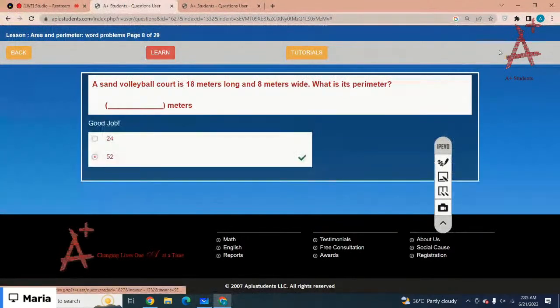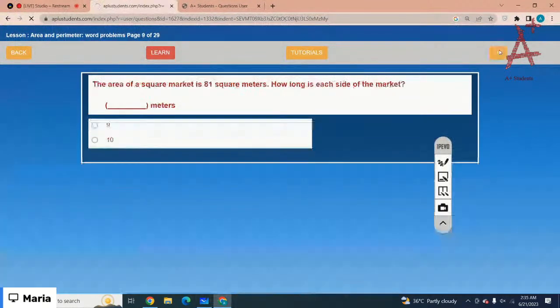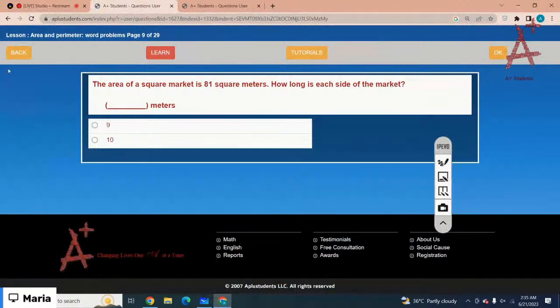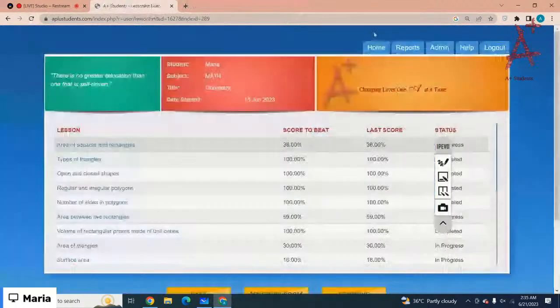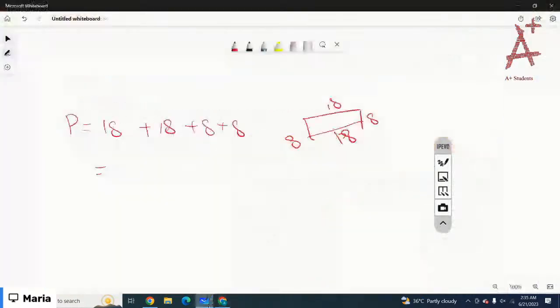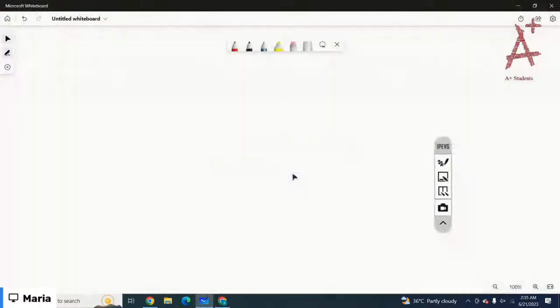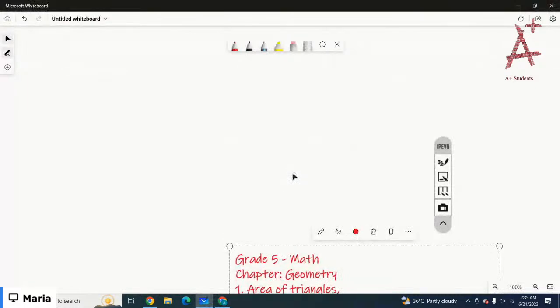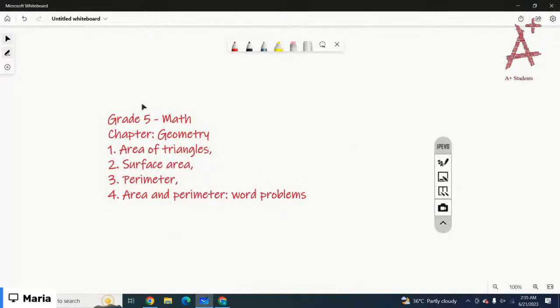Okay, you can complete the rest of the questions by yourself later today. So we're working on grade 5 maths, on the chapter geometry, and the lessons we have covered today are area of triangles, surface area, perimeter, and area and perimeter word problems.